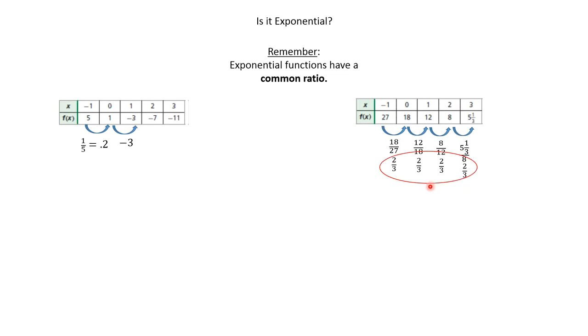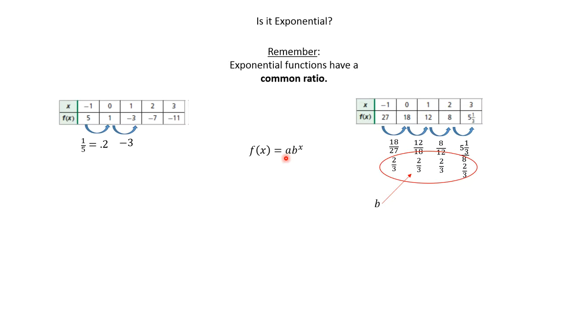And so when we have nice, pretty data like this, where you can see it comes from a math book and everything works out beautifully, we don't need a calculator to write an equation. If we go back to our equation, f of x equals a times b to the x, this common ratio is b. So that's going to be 2/3.